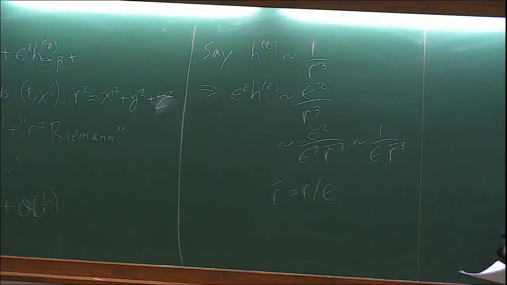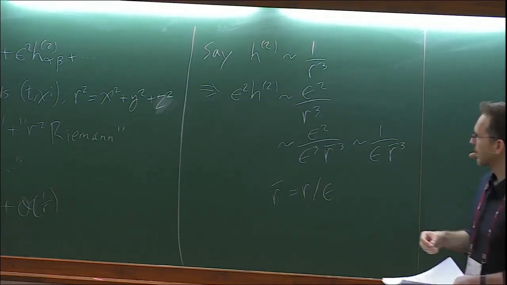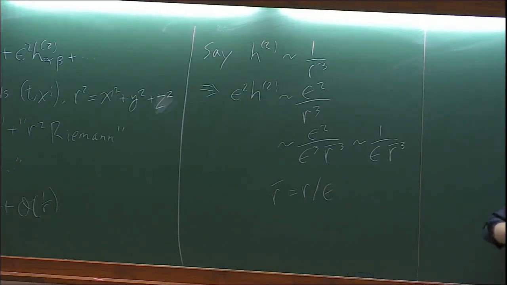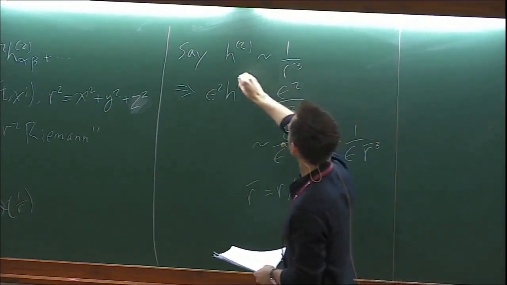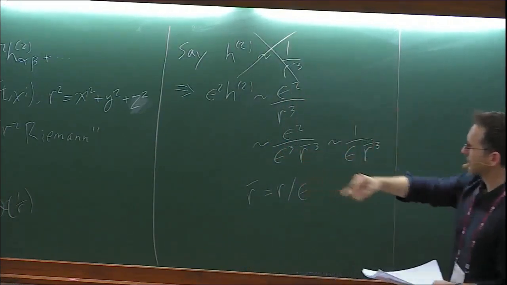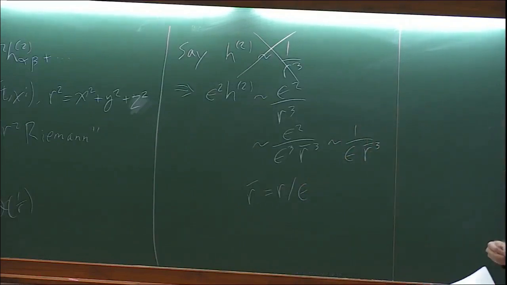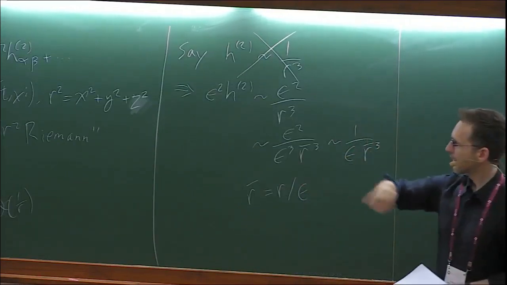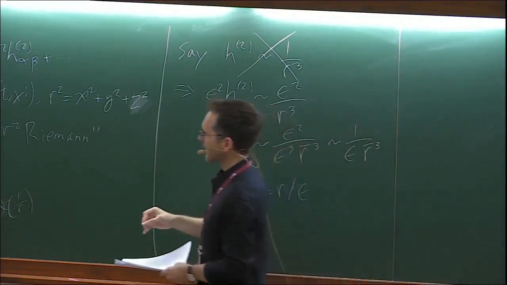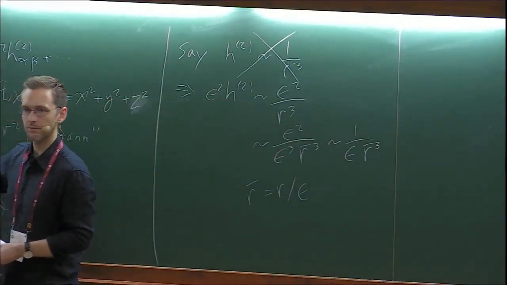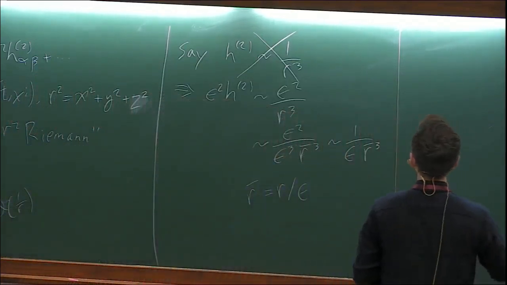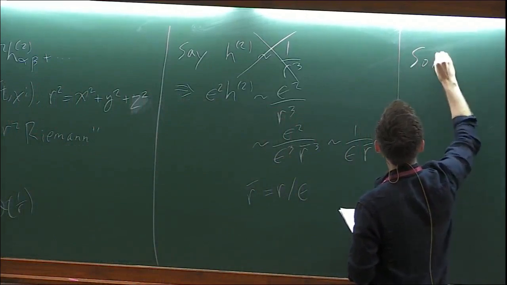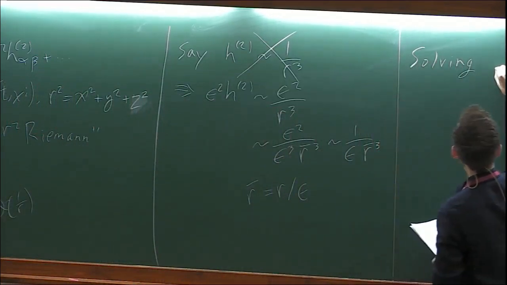But our whole assumption is that that's not the case, that we have a nice, well-behaved expansion in terms of r bar that looks roughly just like a power series in epsilon, with no negative powers. So we cannot have this. So we have to start at 1 over r squared. We cannot get 1 over r cubed, 1 over r to the 4, anything like that. And similarly, for the first order, the highest power of 1 over r we can get is just 1 over r. We cannot have 1 over r squared. Okay, so now solving the Einstein equation, we're going to get some key information.